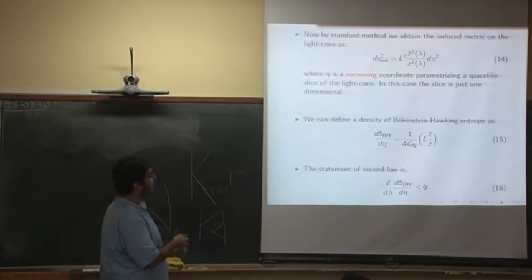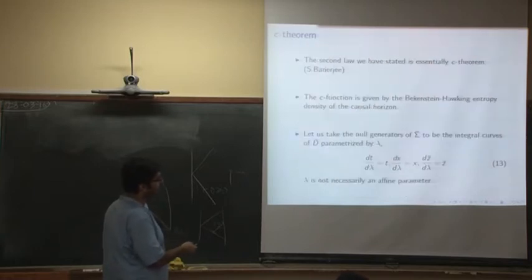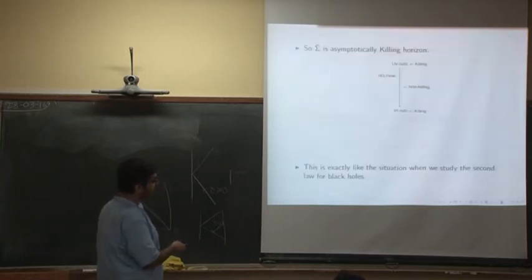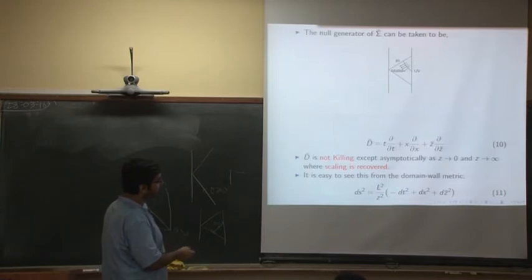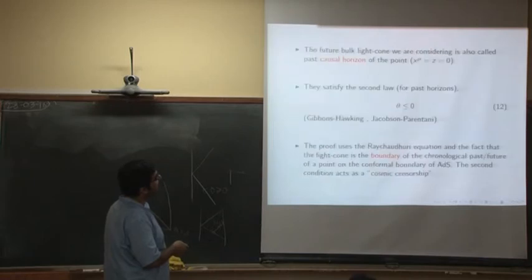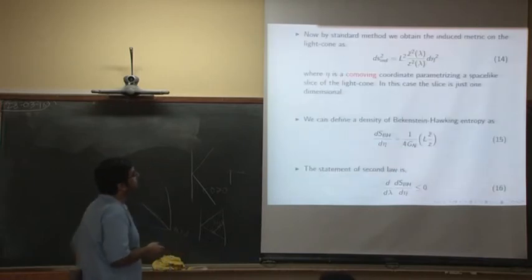This z bar is that quantity as a function of lambda. We know z as a function of lambda by solving this equation, and that gives me this quantity.